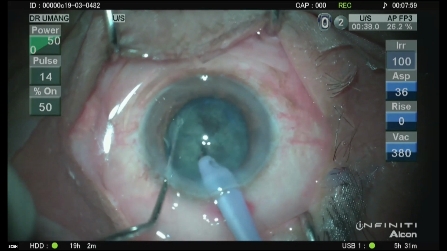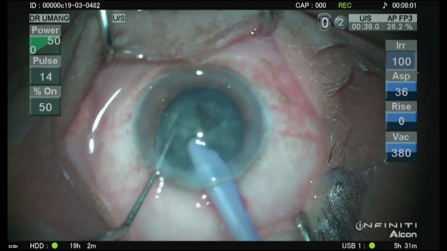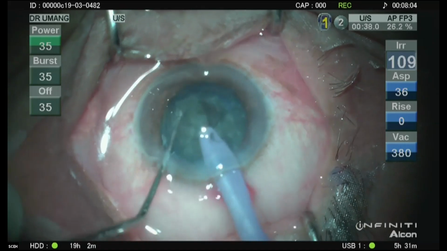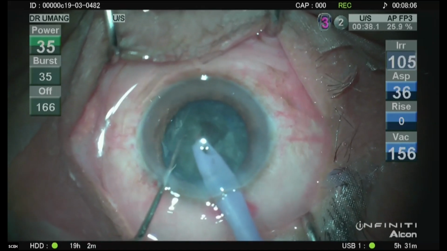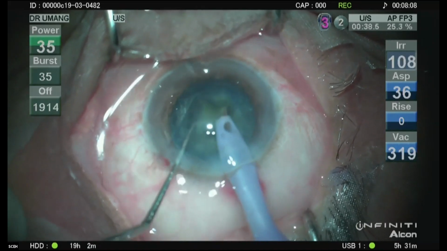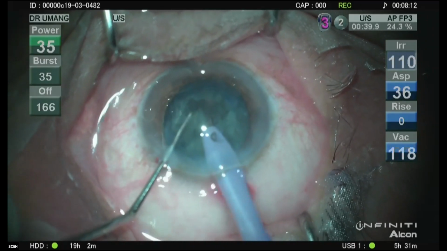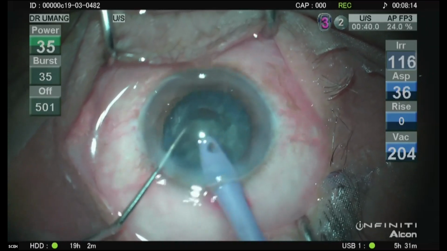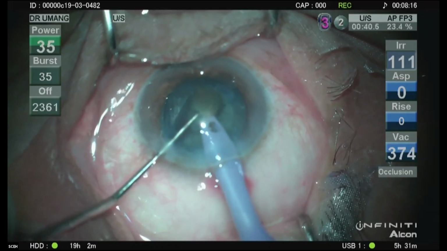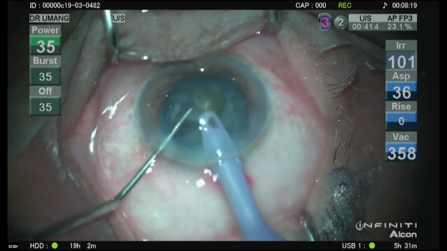Now I can demonstrate the burst mode. So can you change the settings to burst mode? So in burst mode, as I press down, my off times get less, and so it's a little faster, and it's in surgeon control. So I can eat it faster.